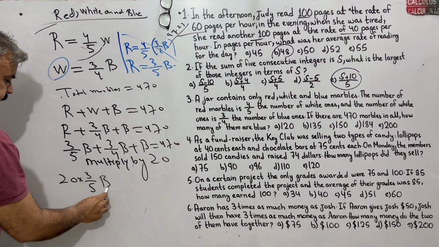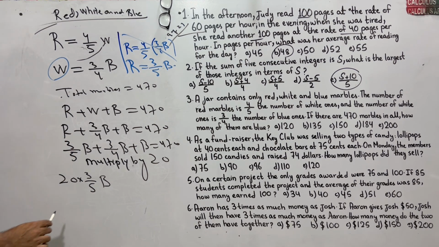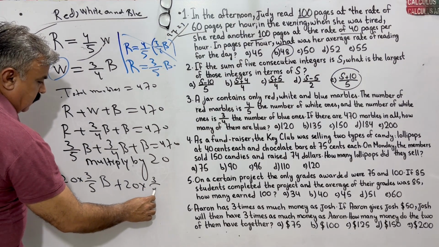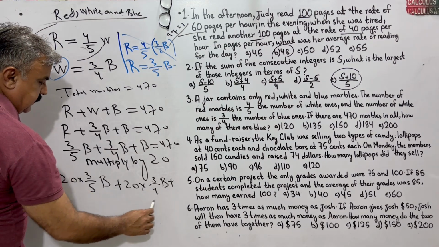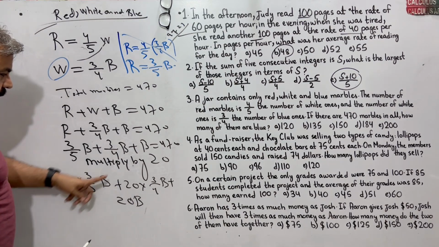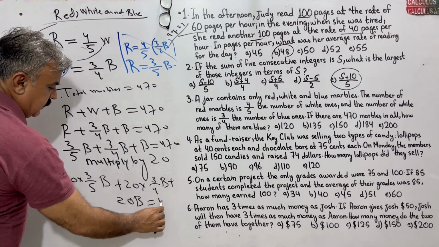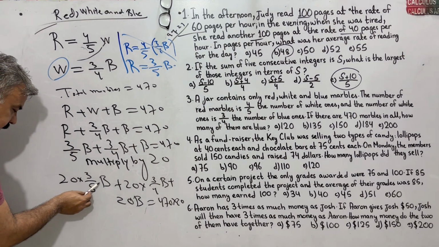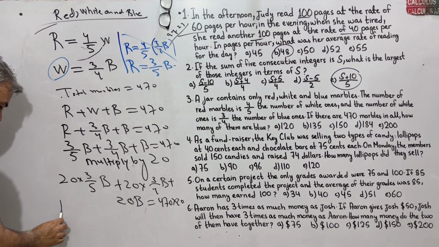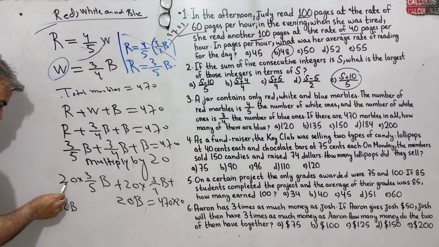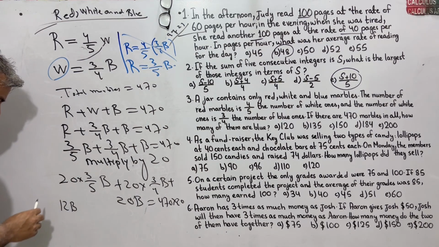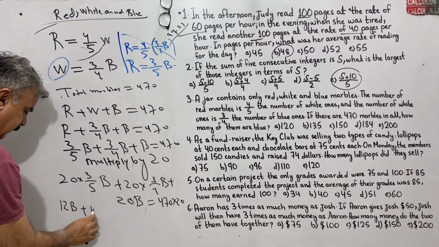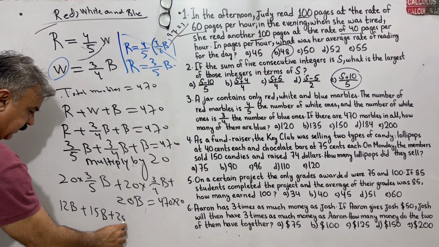20 times 3 over 5 blue plus 20 times 3 over 4 blue plus 20 times blue is equal to, on the right hand side, 470 times 20. 4 times 3 is 12b, 4 times 5 is 20, 5 times 3 is 15b plus 20b.